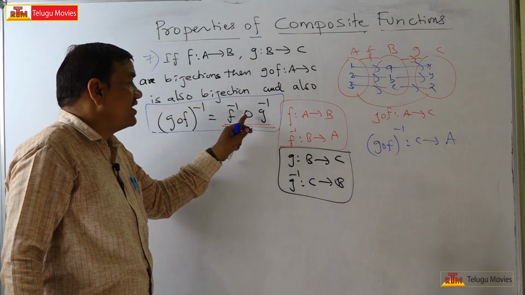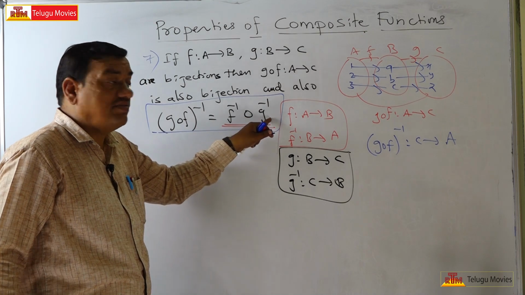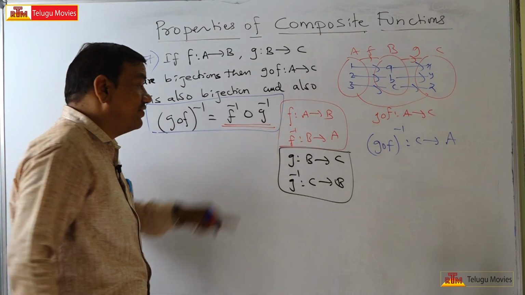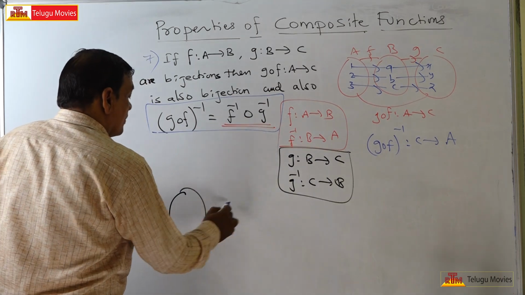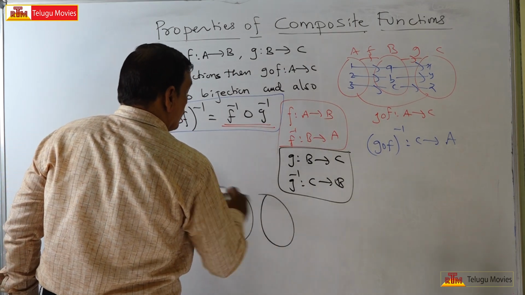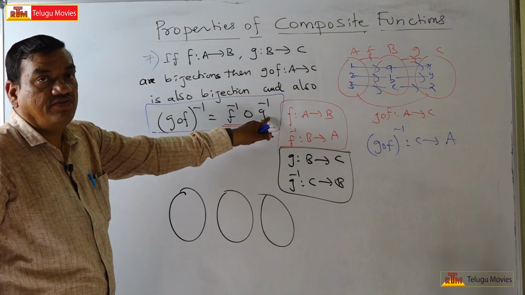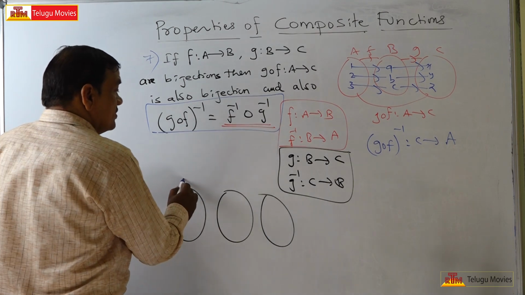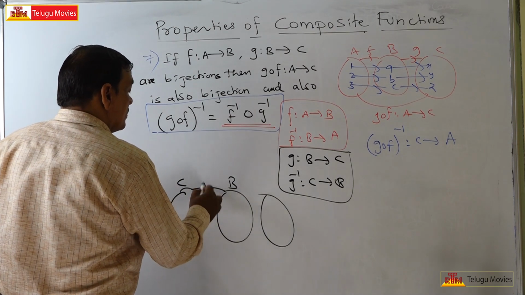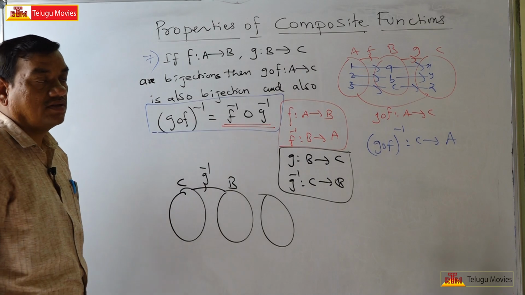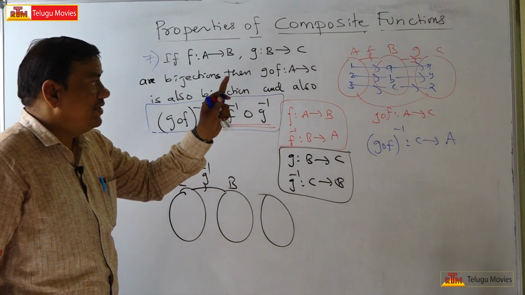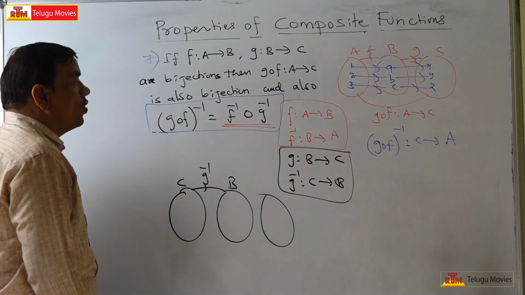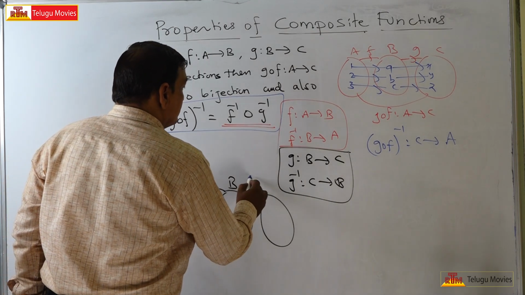See here, f inverse circle g inverse. First, what do you have to take? g inverse you have to take. So first g inverse. What is g inverse? It is a function from C to B. What is f inverse?